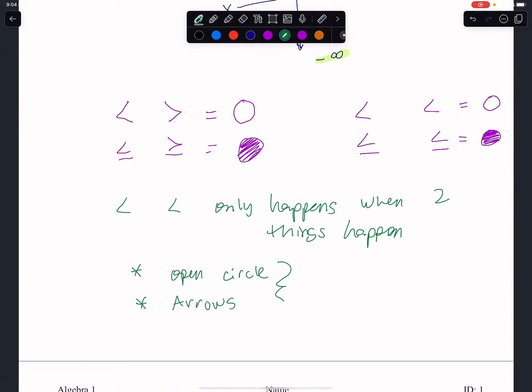These are the only two times that you will see one of those without the equal to sign. Every other time, use the equal to sign when you're doing domain and range.